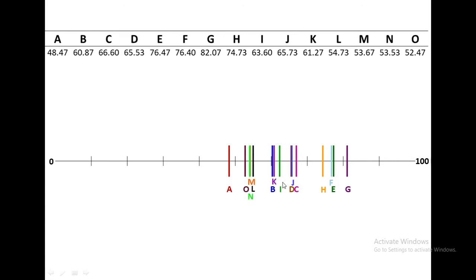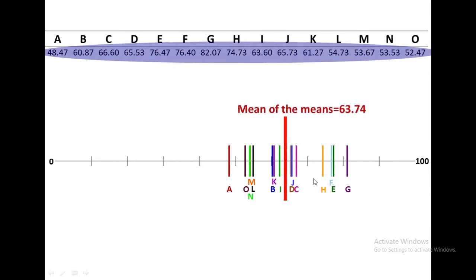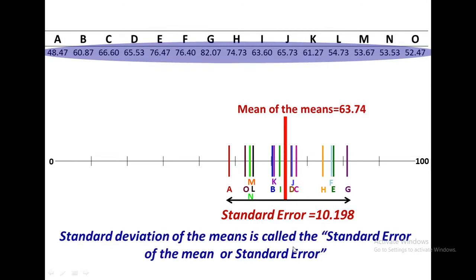And finally, we plot the mean of all these means. And this is the standard deviation on both sides of the mean of the means. So it is a little bit of a tongue twister. So we can define standard error as: the standard deviation of the mean is called the standard error. And that's all to it. Just that simple.